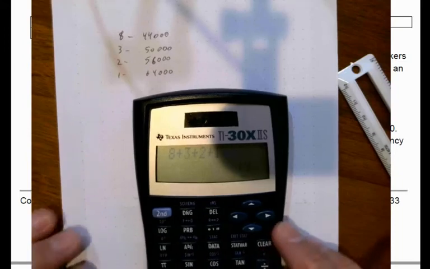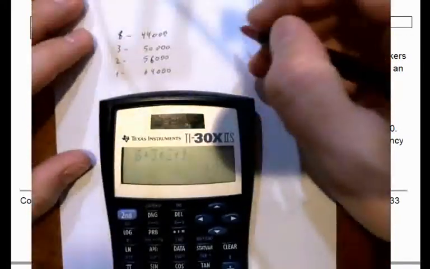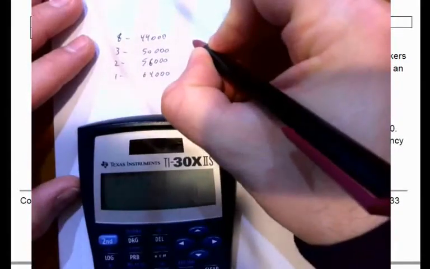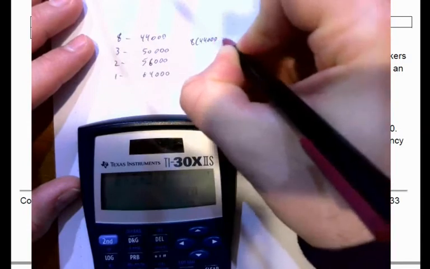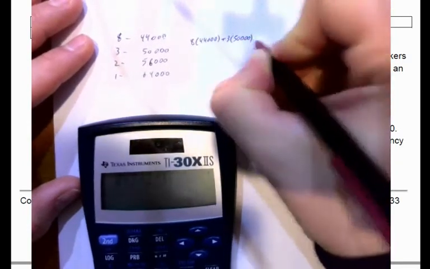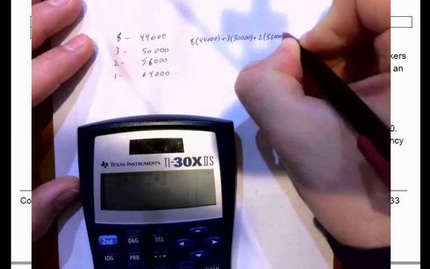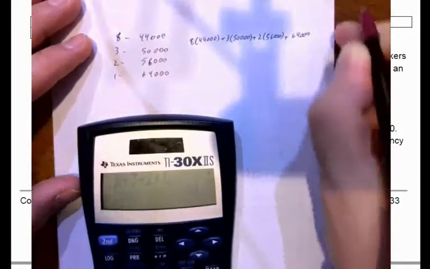And then of those people, we have to find out what the mean, the median, and the mode are. To find our mean, we have 8 times 44,000 plus 3 times 50,000 plus 2 times 56,000, and then plus our $64,000 earner.